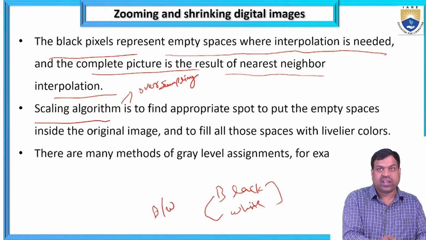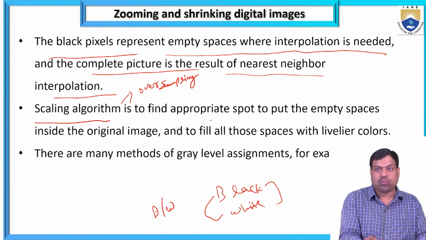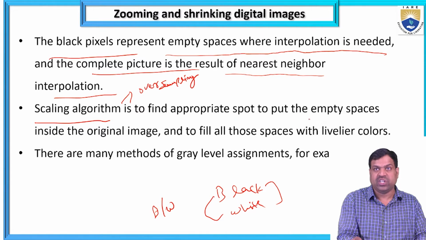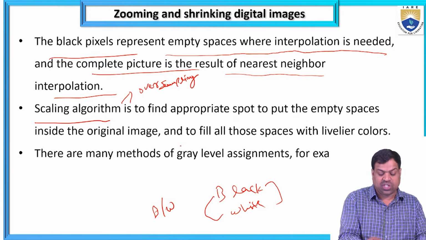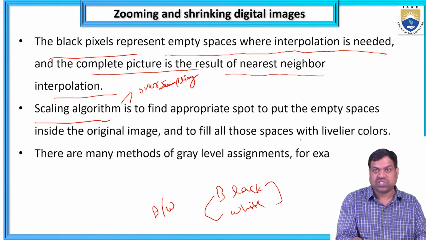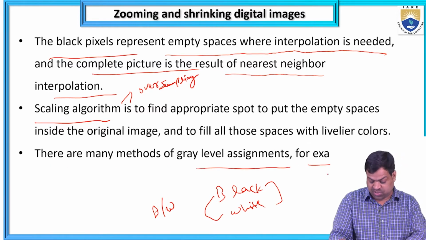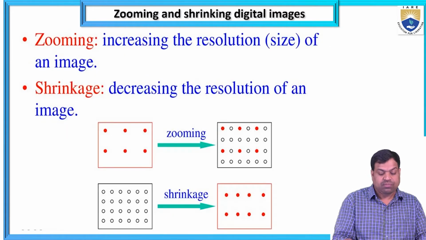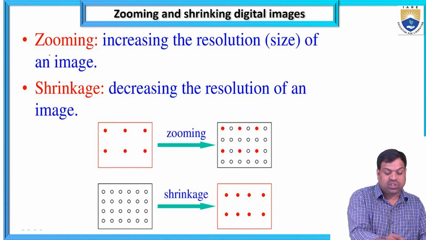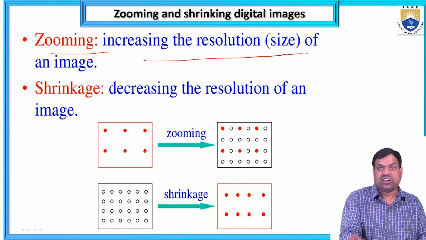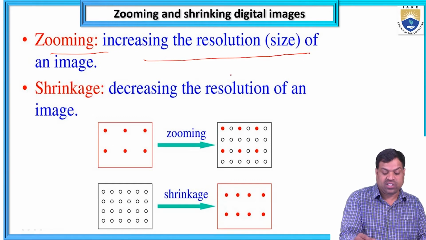The scaling algorithm is to find the appropriate spots to put the empty spaces inside the original image and to fill all those spaces with linear colors. There are many methods of gray level assignment. Here I am taking one example, zooming. It is increasing the resolution or size of an image.